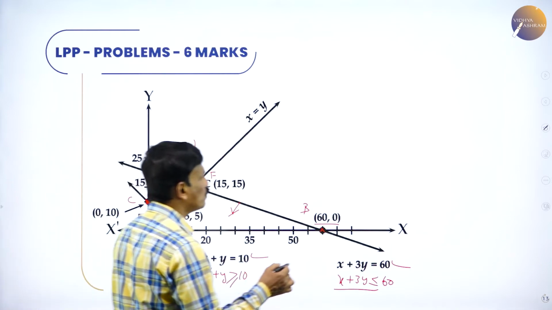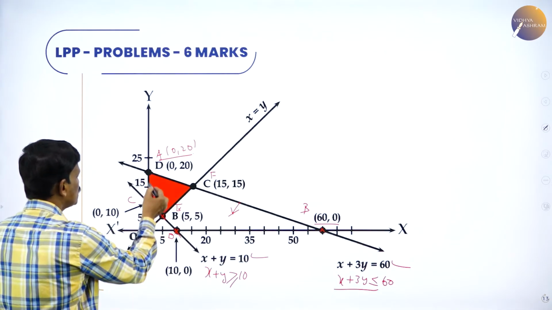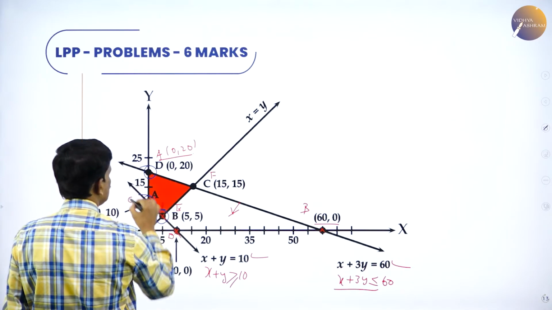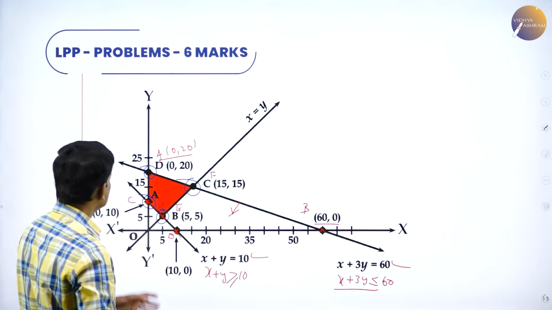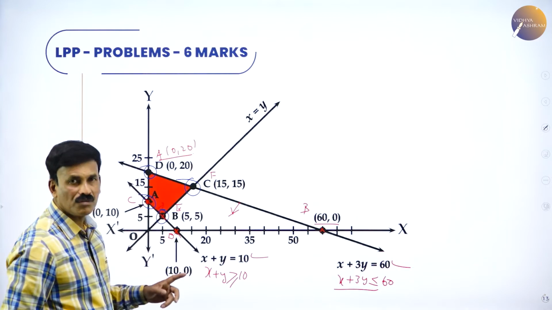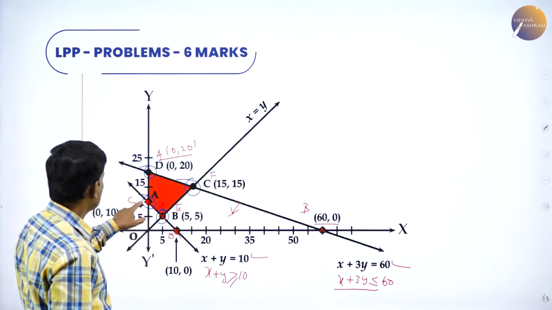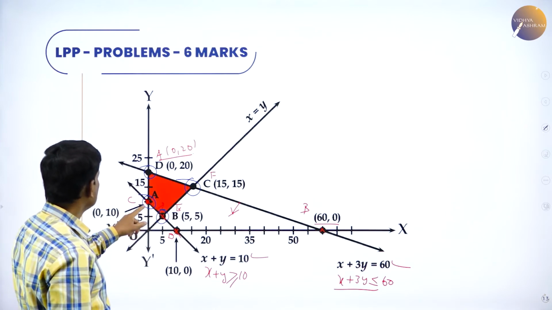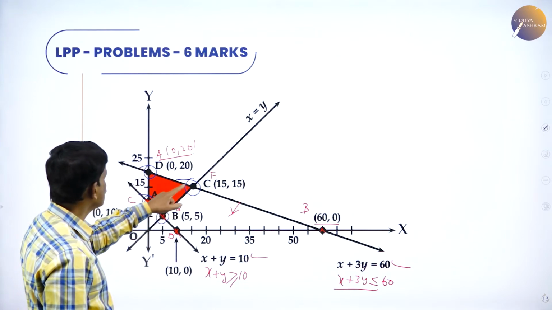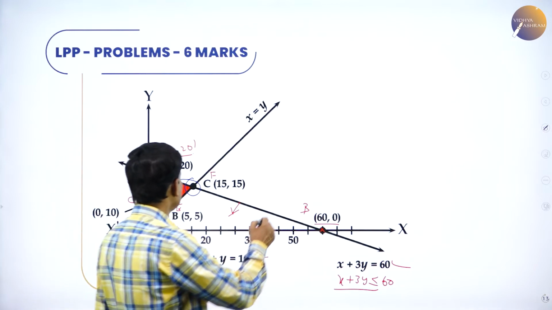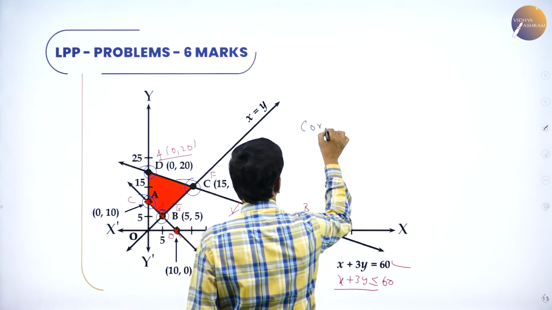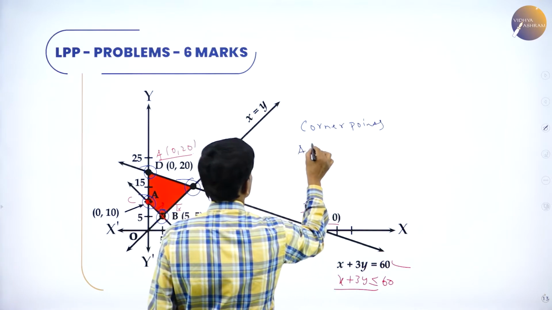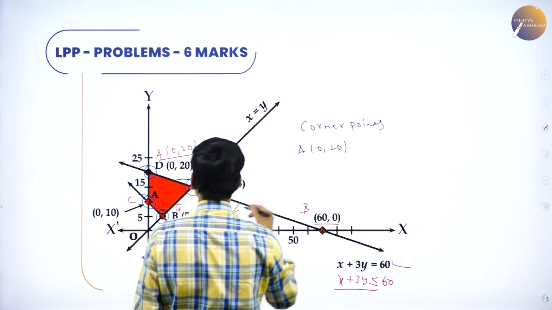So what are the corner points? This is the feasible region. The corner points are A, B, D and C. This is a very important concept. Therefore the corner points are A (0, 20).